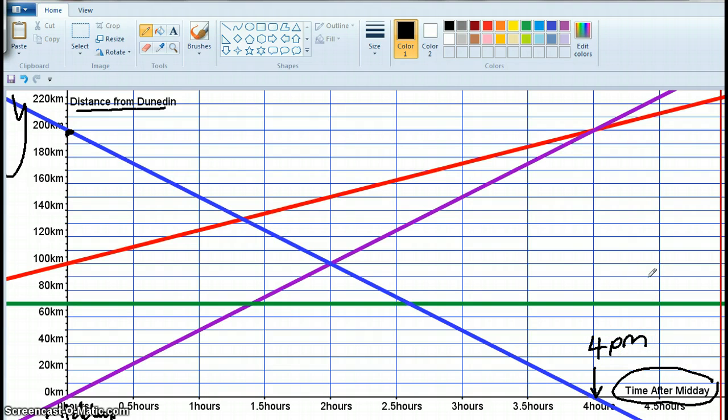So, what speed does the train travel at? Is it constant? Yes. It is constant because it's a straight line. It's not a squiggly line or anything. Constant speed. And the speed is 50 kilometres per hour.